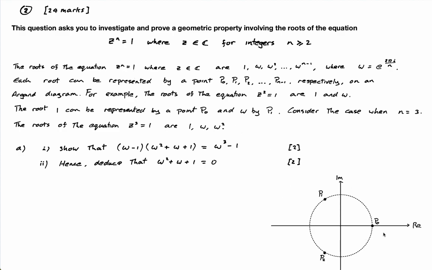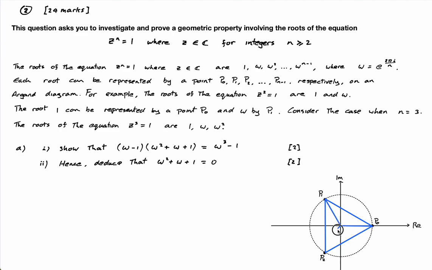And if you look at them graphically, the roots of the equation z cubed equals 1 look like this. You have a point here and a point here and a point here. The roots actually make a nice equilateral triangle. And this angle here is equal.